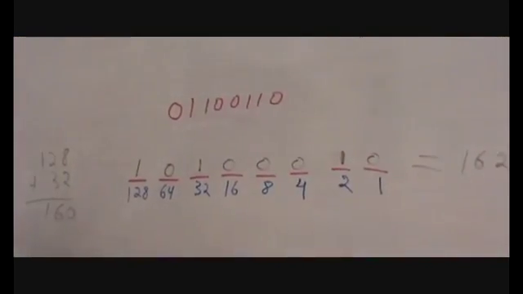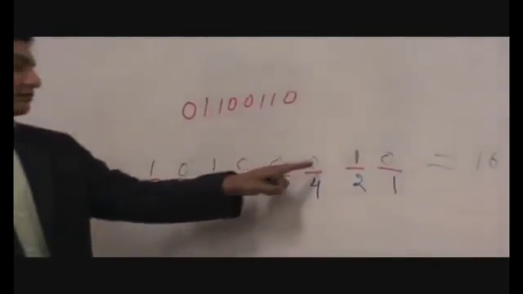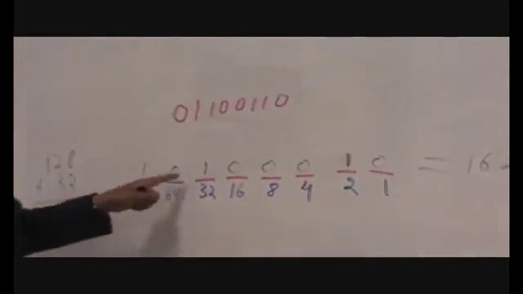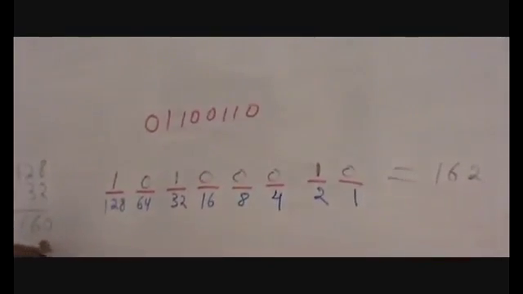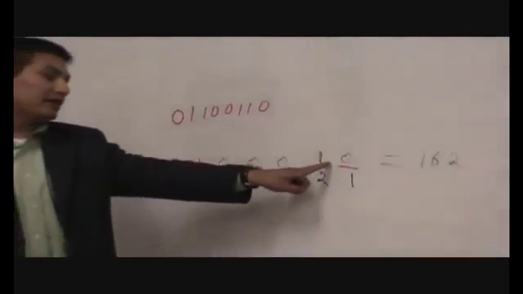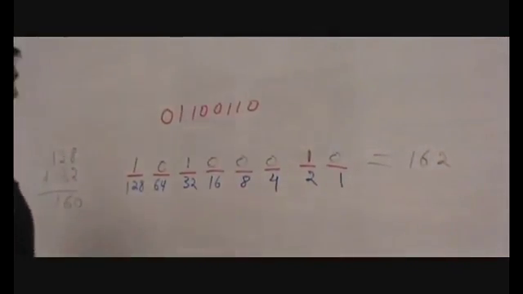So my binary value here, if I have 1, 0, 1, 0, 0, 0, 1, 0, is 128 plus 32 plus 2. 128 plus 32 is 160, and then plus the 2 here is 162. That is my total value there.